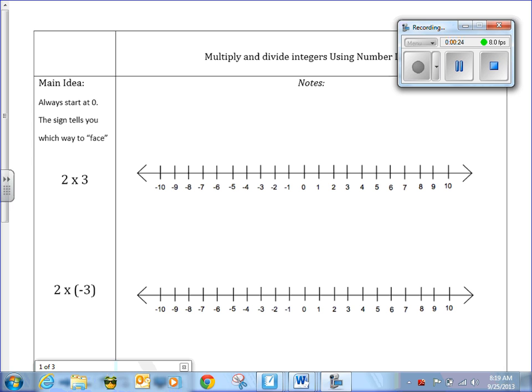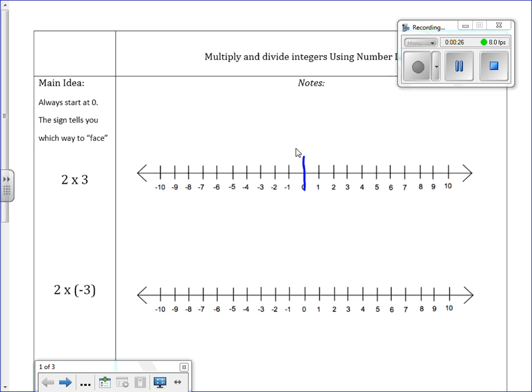Now again, we're still going to start at 0, and when we start at 0, the sign in front of the 2 tells us which way to face. There is no sign in front of 2, so we need to go ahead and assume that that is positive. And it says times 3. What that's telling us is 3 groups of 2.